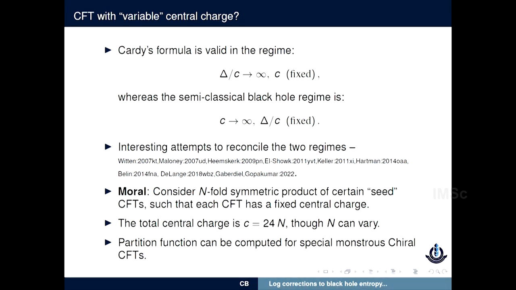Hello, I have a comment also. About two decades back, Ramesh called myself and Sunita, and the BTZ black hole Chern-Simons theory partition function can be exactly calculated, and we have done that.